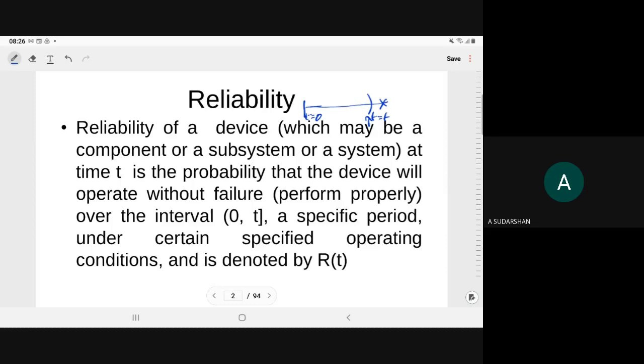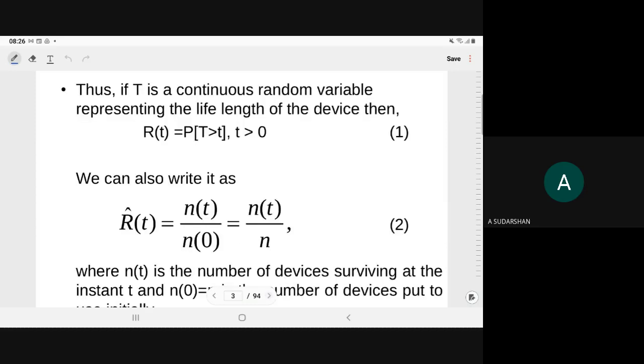So what is the meaning of R(t) in a different way? The device is working, and it fails at this point.